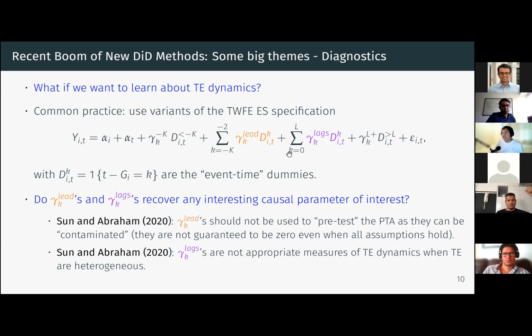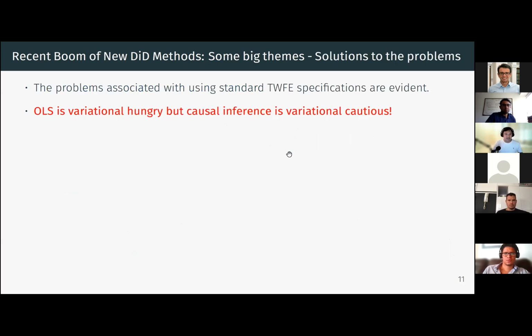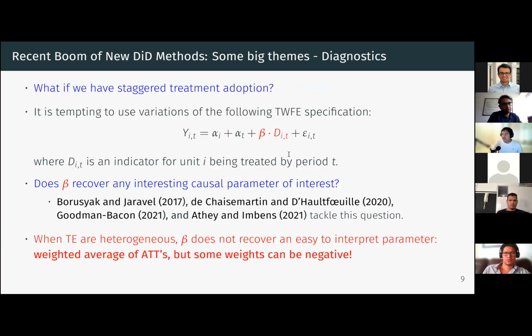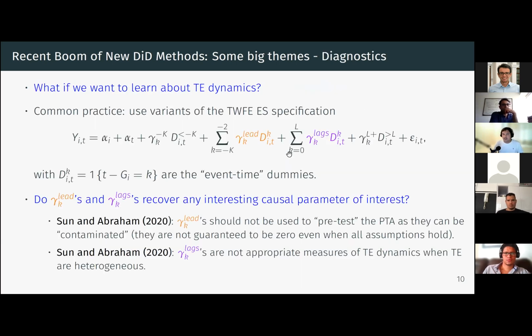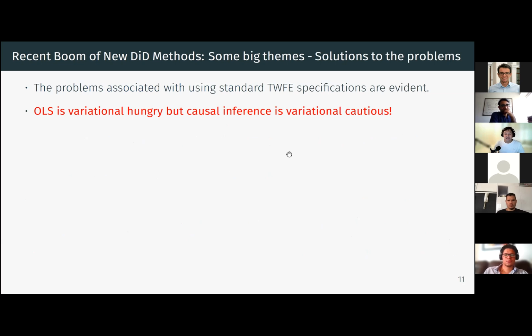The way I see all these problems with two-way fixed effects, either the static version or the dynamic version, is that OLS is variation hungry. OLS doesn't care about causal inference whatsoever. OLS cares about minimizing mean squared error. And to minimize mean squared error, what am I going to do?